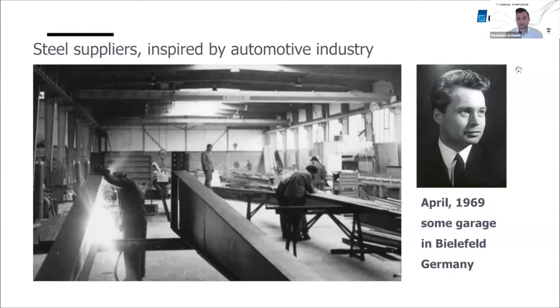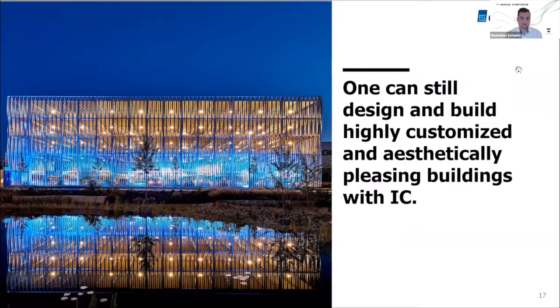And we have also found that one can still design and build highly customized and aesthetically pleasing buildings with IC. So that we can customize the facade to anything the client wishes. Like for this example, this is a parking garage with the facade elements not being like the other.